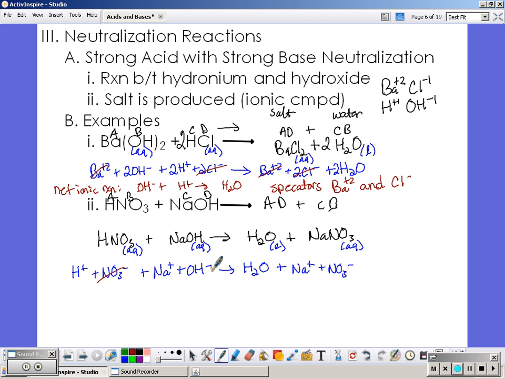That leaves me with H plus OH minus yields water as my net ionic reaction. Well, if you notice from these two examples, all neutralization reactions have the same net ionic, hydrogen plus hydroxide giving you water. The spectator ions here then, the things I was able to cancel out, would be sodium and nitrate.